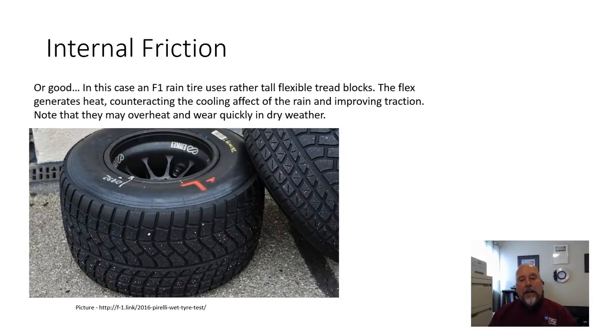Okay? Internal friction can also be leveraged to improve traction. So in this case here, we have the case of Formula One race cars. Formula One race car rain tires. Now these things have relatively large and tall blocks of rubber, and it's soft rubber as well.